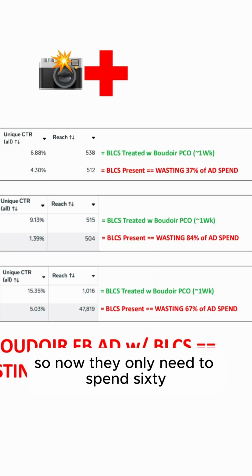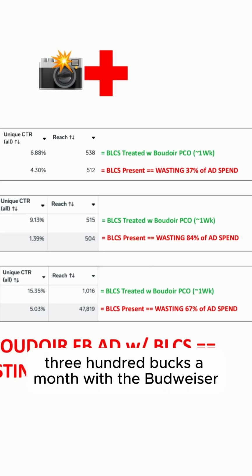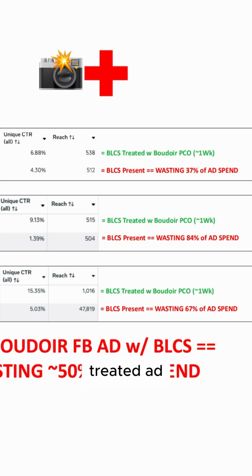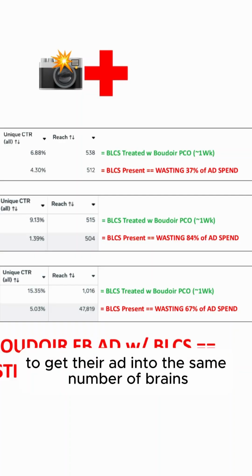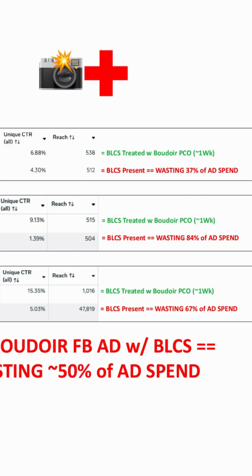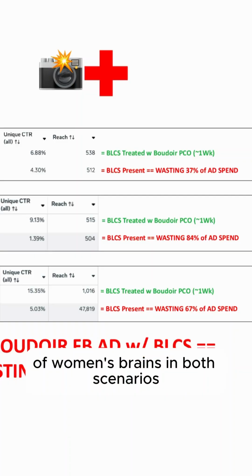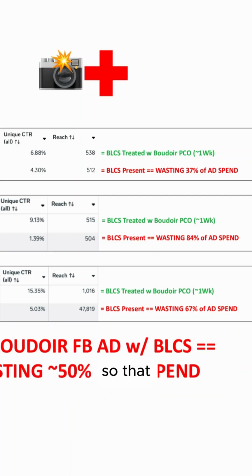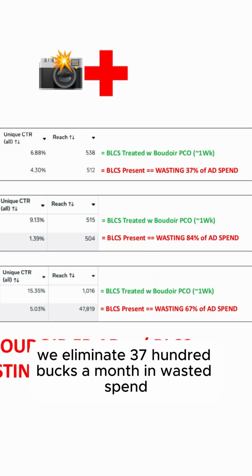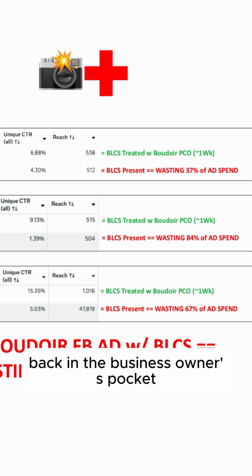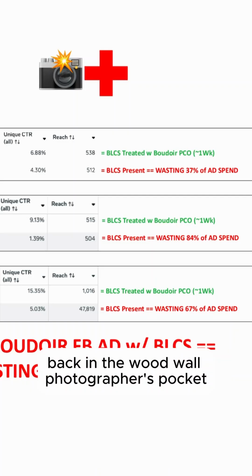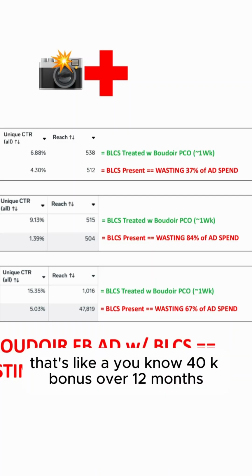Now they only need to spend 6,300 bucks a month with the boudoir PICO treated ad to get their ad into the same number of women's brains in both scenarios. So we eliminate 3,700 bucks a month in wasted spend, back in the boudoir photographer's pocket. That's like a 40K bonus over 12 months.